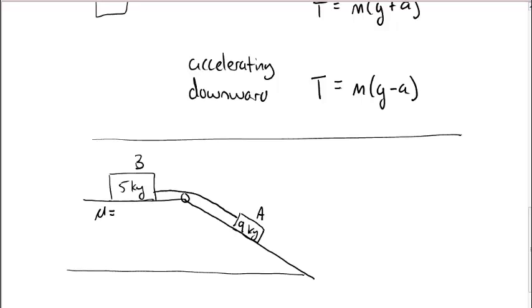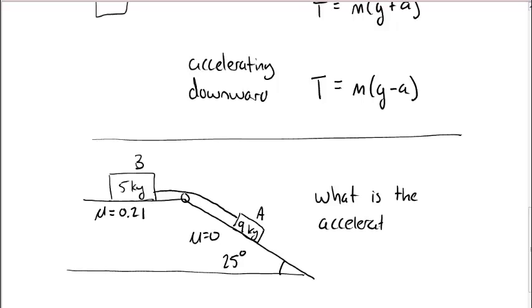Up on the top, there's a coefficient of friction of 0.21. And on the ramp, we'll say there's no friction. And this ramp has an angle of 25 degrees. So for this question, we'll say, what is the acceleration of mass B?